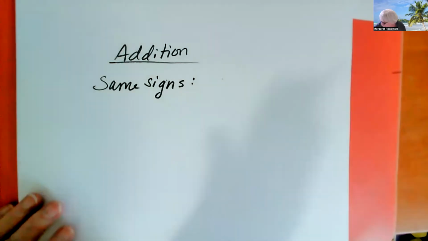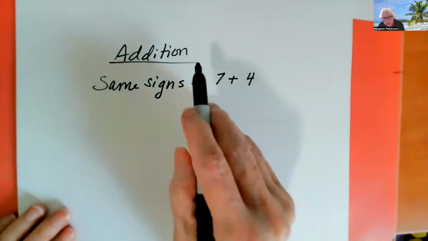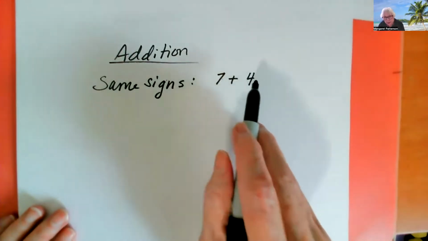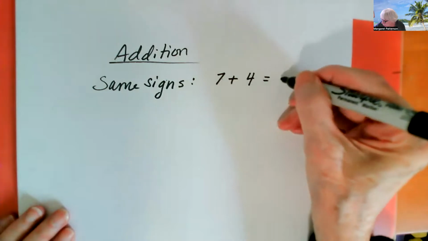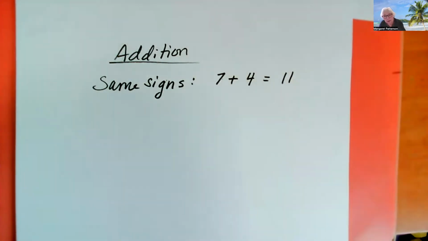If we had 7 plus 4, and this was positive, so this is positive, adding another positive. All you do is add the two, the 7 and the 4 absolute values, and it's positive.